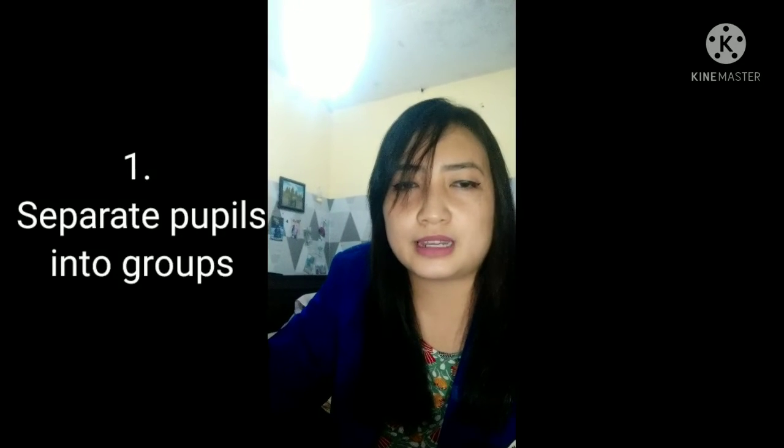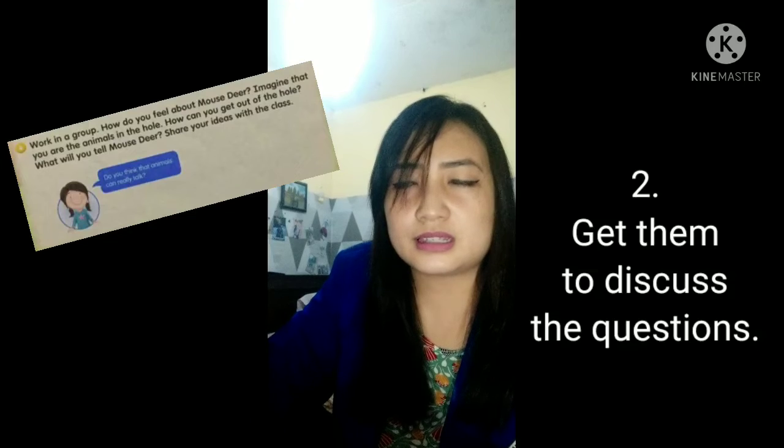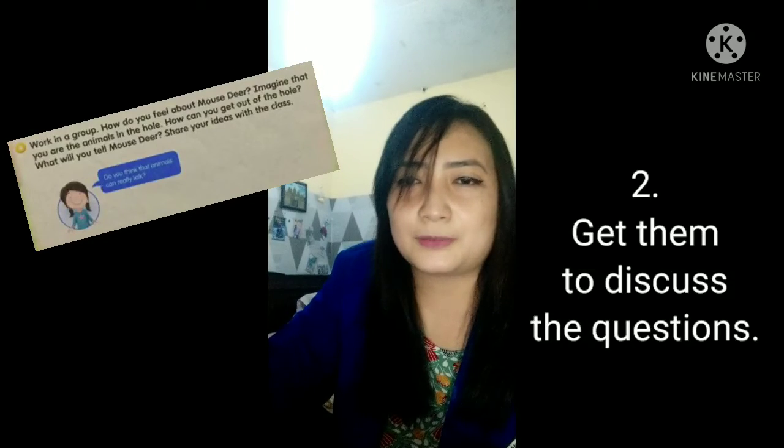Then the fourth activity from main activities has three steps. The first step is separate pupils into groups of 4 or 5, then get them to discuss the questions and ask the pupils to share their ideas with the class.